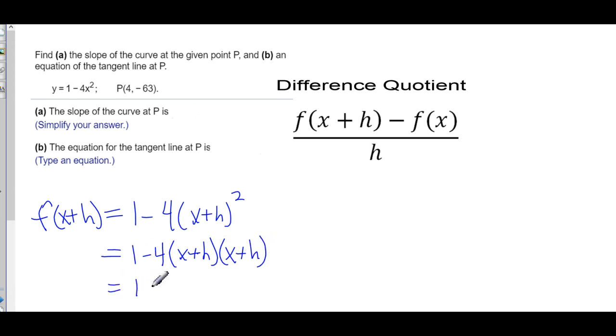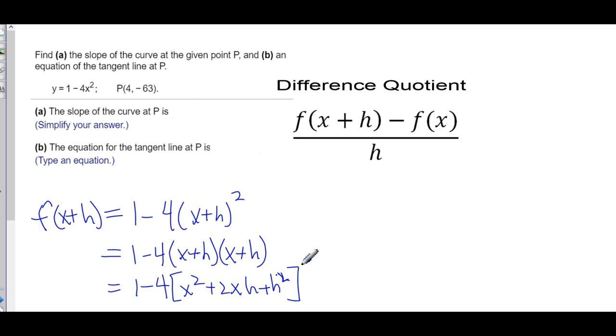So we end up with 1 minus 4. I'm going to put a little bracket now as I'm squaring this out. X times x is x squared. X times h is xh. H times x is another xh, so that's 2xh, and then h times h is h squared. So we do get the x squared and the h squared. We also get this extra 2xh term in the middle.